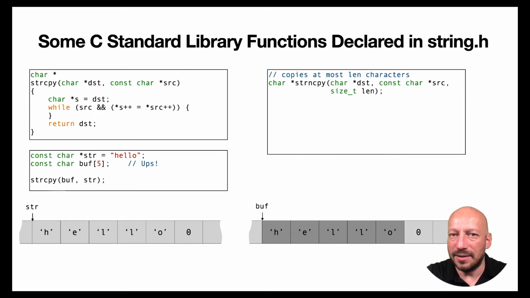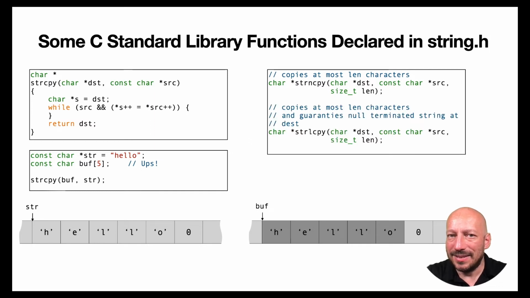And okay, it's inconvenient at least that if you print out the string, maybe you also get whatever comes after this string in memory. Another copy variant is strlcpy, which makes sure that you always have a zero terminated string in the destination.